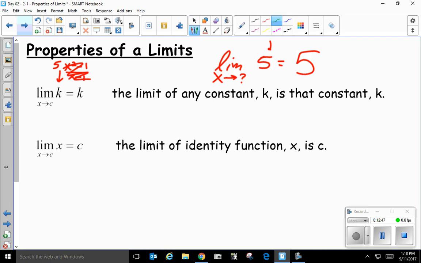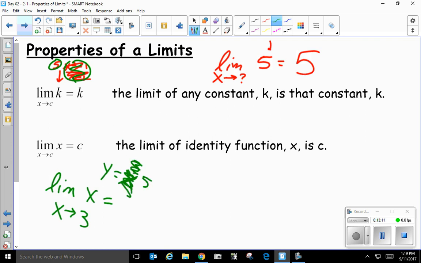So instead of having a 5 here, or this fraction that I crossed out, if I have the limit of x as x approaches 3, guess what? If y equals x, what happens if I throw a 3 in for x? Wouldn't y be 3? What happens if I throw a 5 in for x? Wouldn't y be 5? What happens if I throw a pi in for x? Whatever value this is, this has got to be.